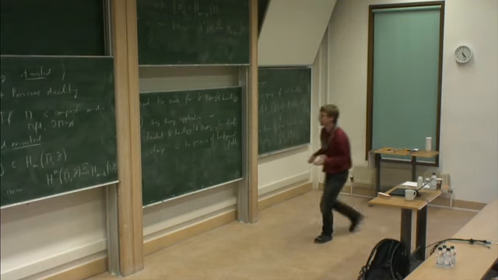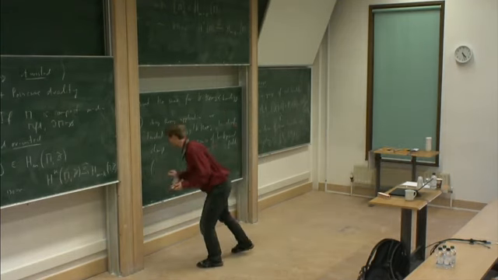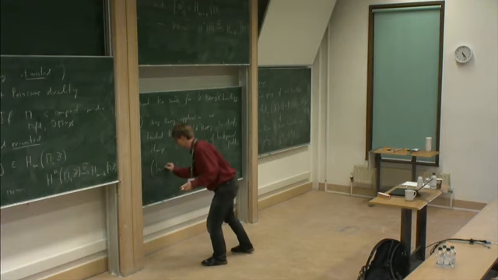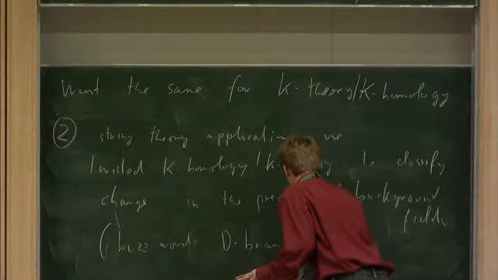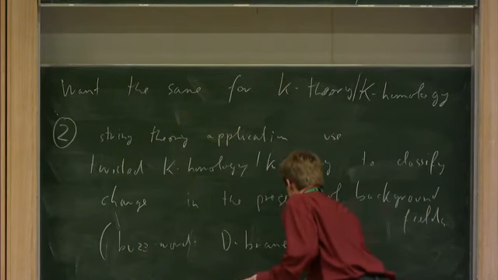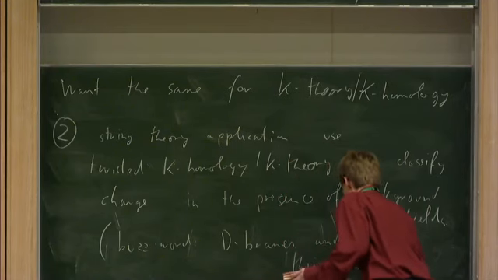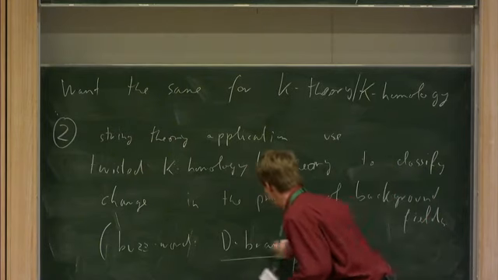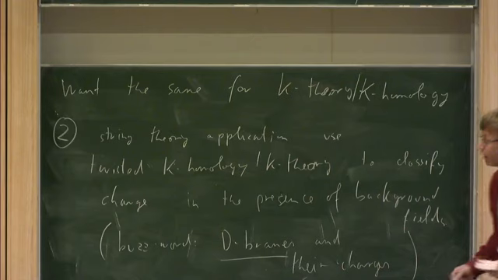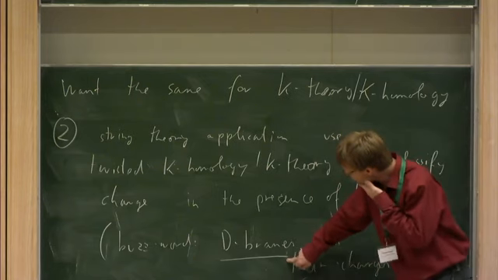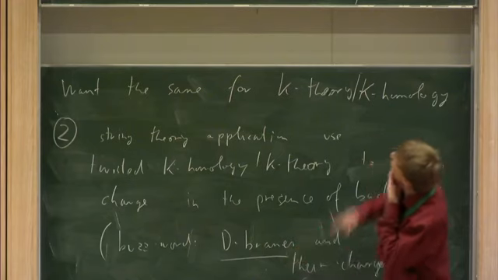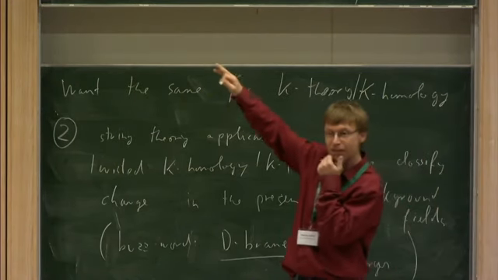Okay, so let me put in a buzzword: D-branes and their charges. D-branes coming up later, because maybe that's giving me one further reason to look for geometric models of this twisted K-homology.